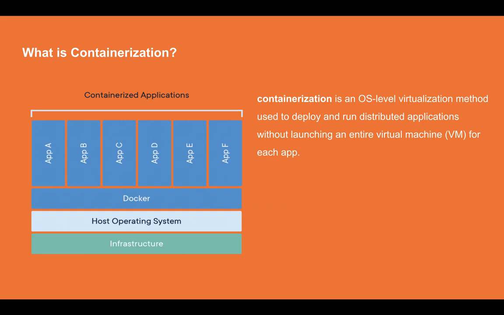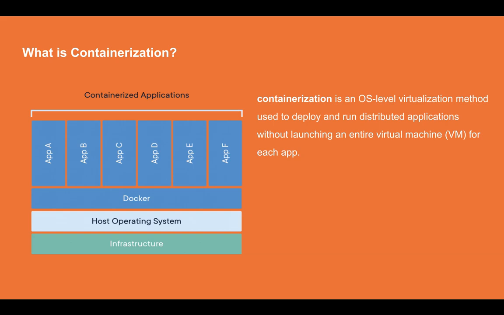You have seen on the previous diagram we have a hypervisor, but when we go for containerization, we don't have a hypervisor, we have the Docker engine. At the bottom we have infrastructure, which can be our hardware. On top of infrastructure we have the host operating system.